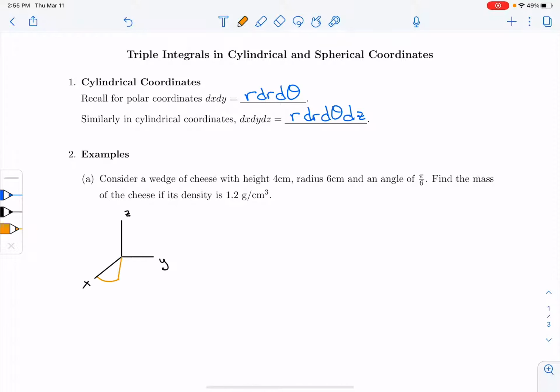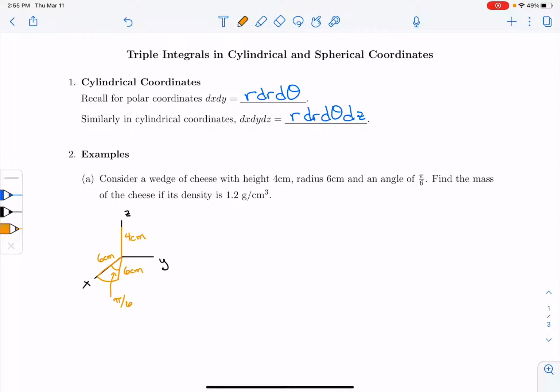And then I'm going to extend out a radius of 6 centimeters. So here, this is a radius of 6 centimeters in each of these directions. And this is an angle here of pi over 6. And then I'm going to let the height of this cheese be 4 centimeters.